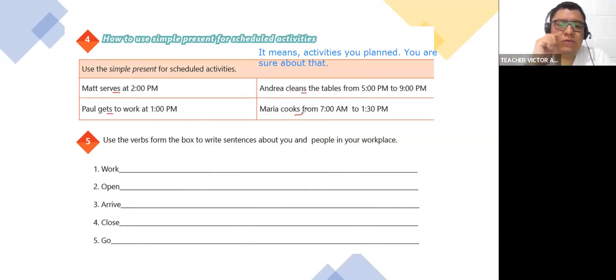Some verbs, we need to add only the S. Some others, we add ES. Some other verbs, we need to make some other changes. So it will depend on the type of verb that we use, right? Just to give you some other examples, I'm gonna stop sharing the screen, I'm gonna share my whiteboard.